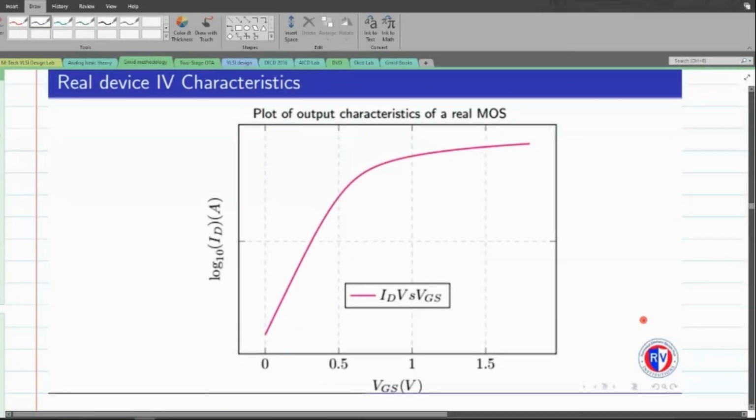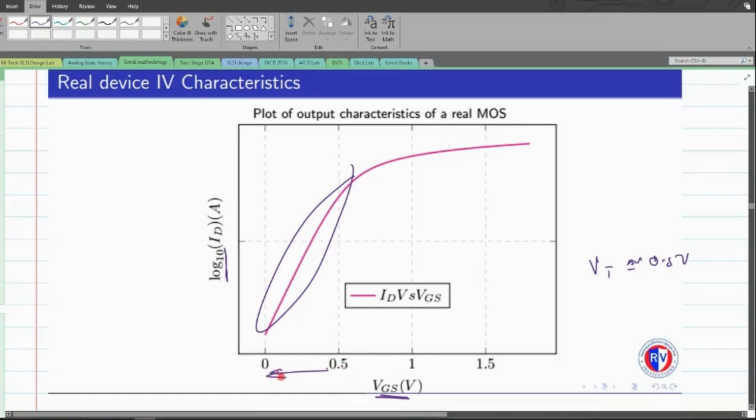The very first thing I want to emphasize is that this graph has been plotted on a logarithmic scale, of the output current with respect to VGS. Clearly, even if I consider the threshold voltage VT to be roughly around 0.5 volt, there still exists a current component when VGS is less than VT.